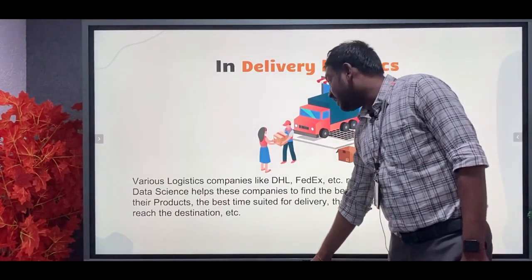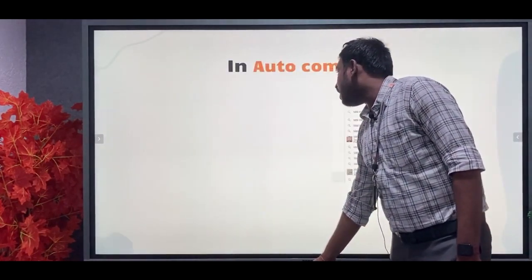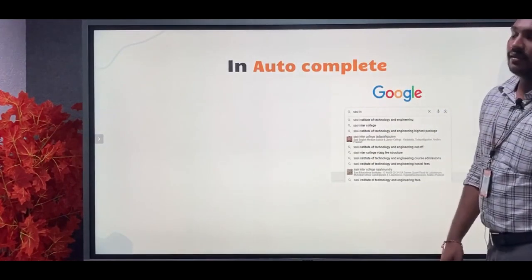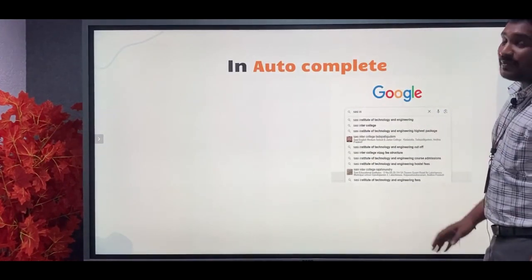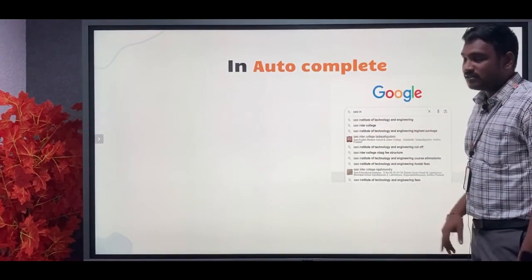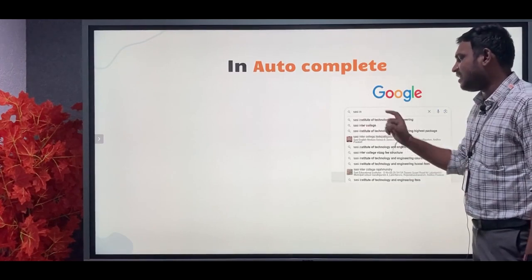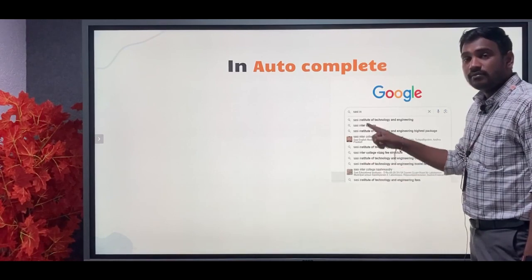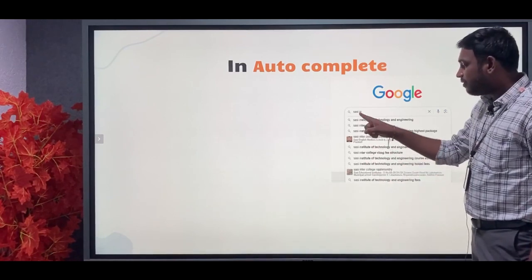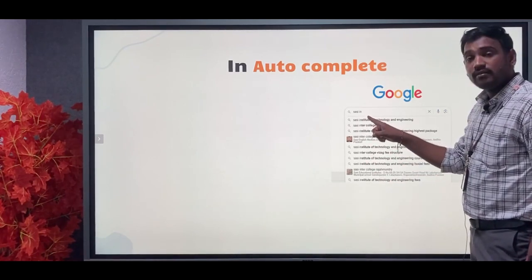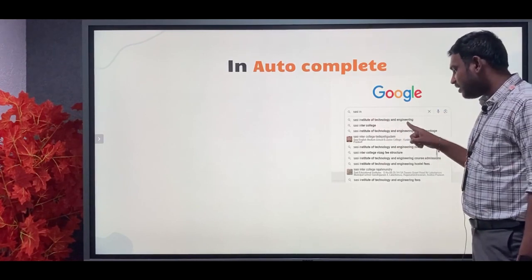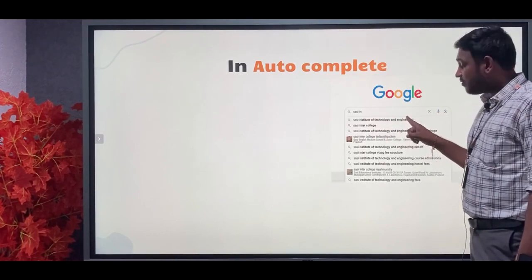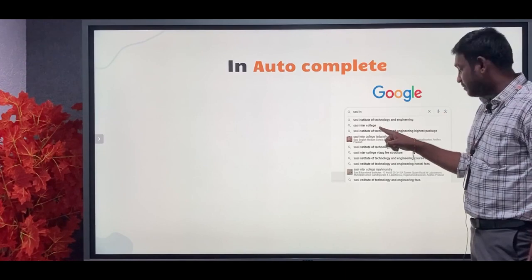And in autocomplete, you know already, if you type something in Google, suppose I type SESI space IN, my suggestions are like this. SESI Institute of Technology and Engineering is my first suggestion, SESI Inter College is my second suggestion.